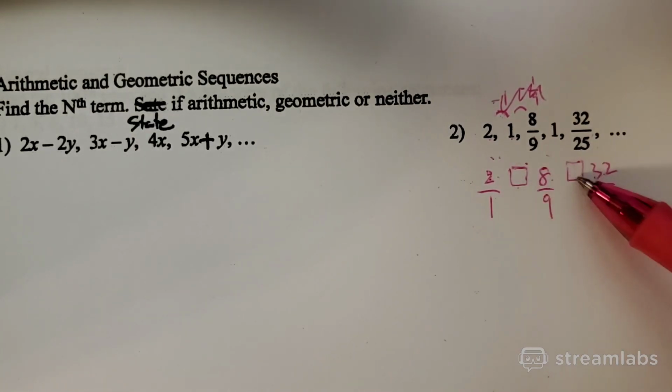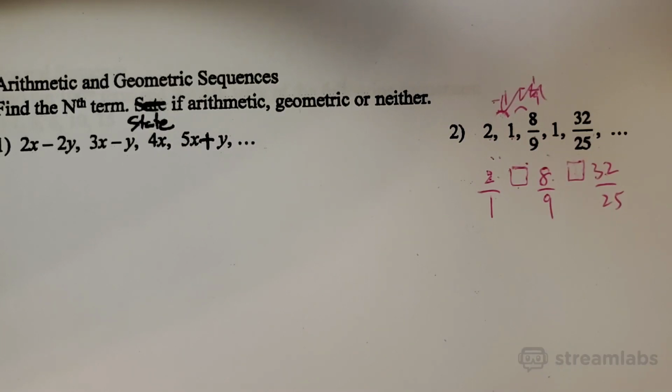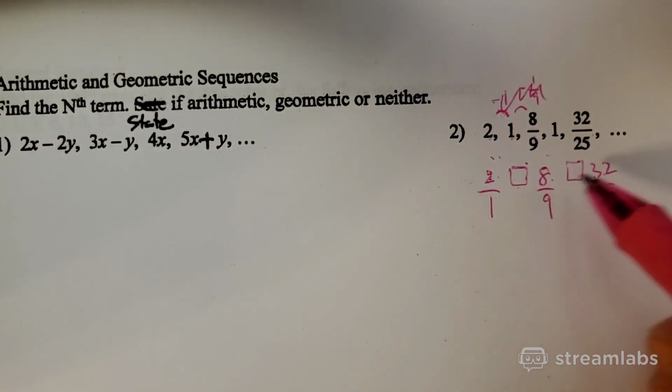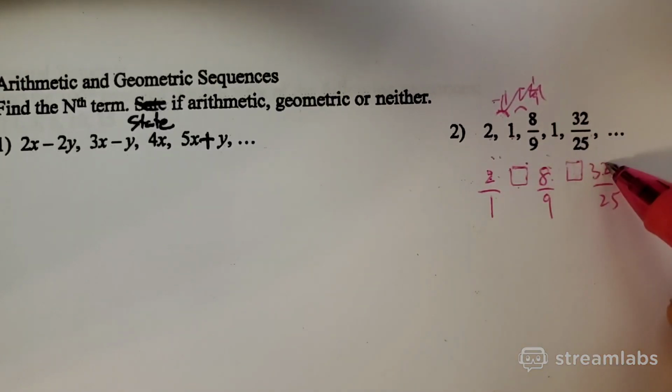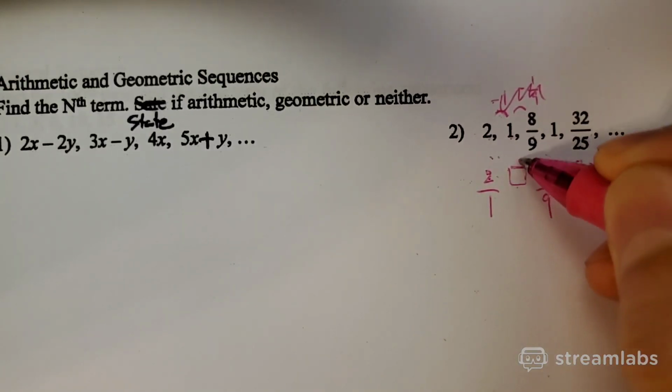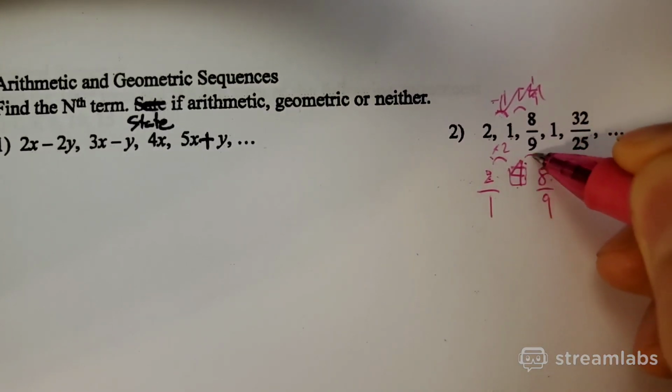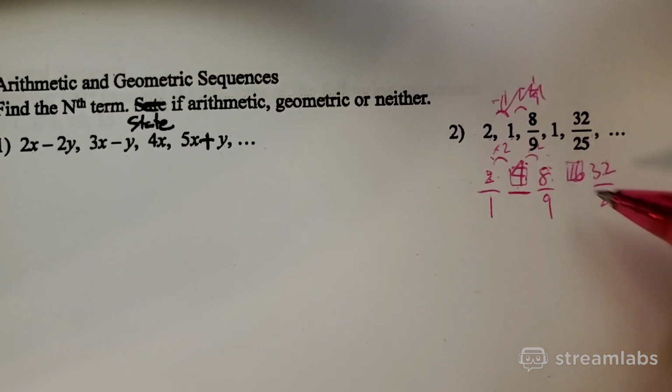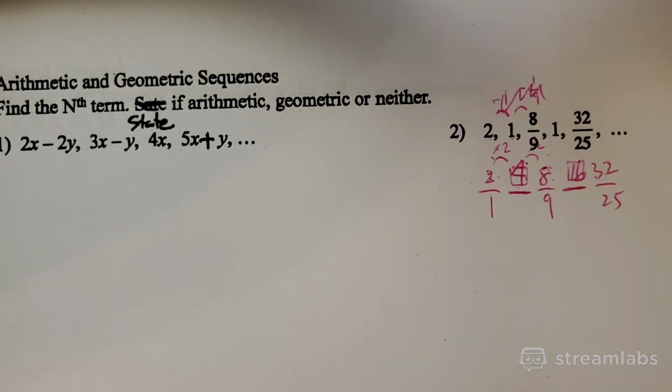Just the top. Times 2, right? If you go from 2 to 8, you multiply by 4, so if you want to go in between, you need a times 2 in the middle. Times 2, times 2. So this will be 16. Does that make sense? So 2, 4, 8, 16, 32.